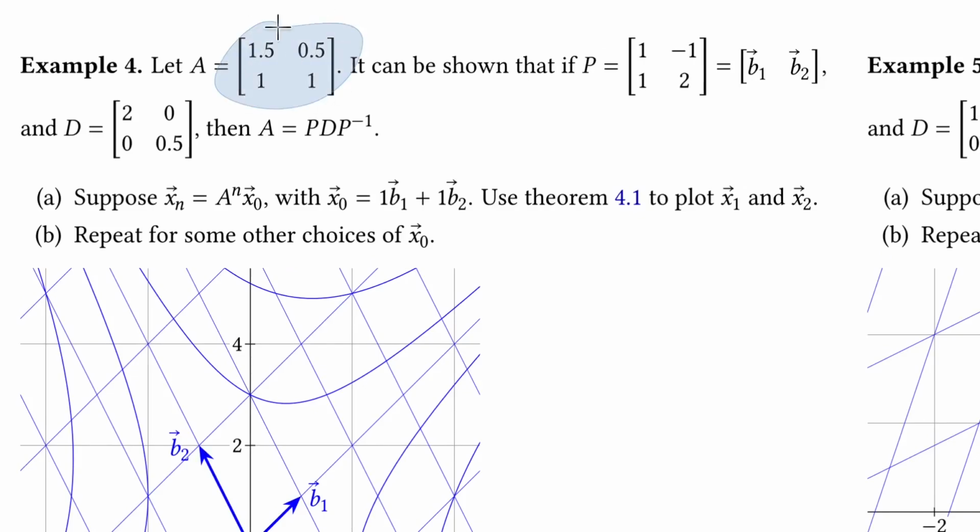But that's A. It can be shown that if P, this matrix here, has columns we label B1 and B2, and D is this diagonal matrix here, then A can be written as P times D times P inverse. It is diagonalizable the way we want.